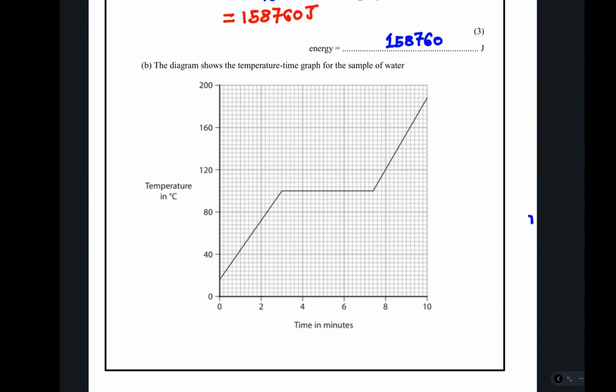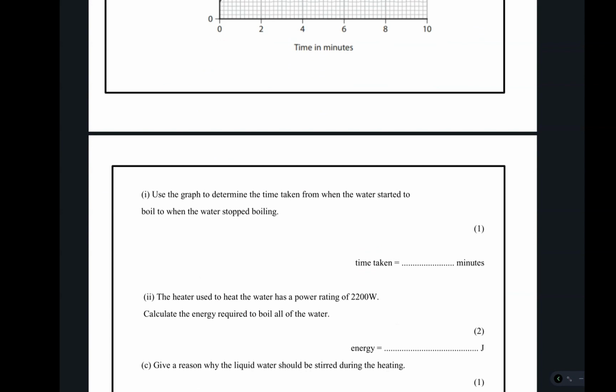Now moving to the next part, we are told that the diagram shows the temperature time graph for a sample of water, and we are supposed to answer a few questions here. Use the graph to determine the time taken from when the water started to boil to when the water stopped boiling. Remember, at boiling point, when there is a change of state, there is no change in temperature.